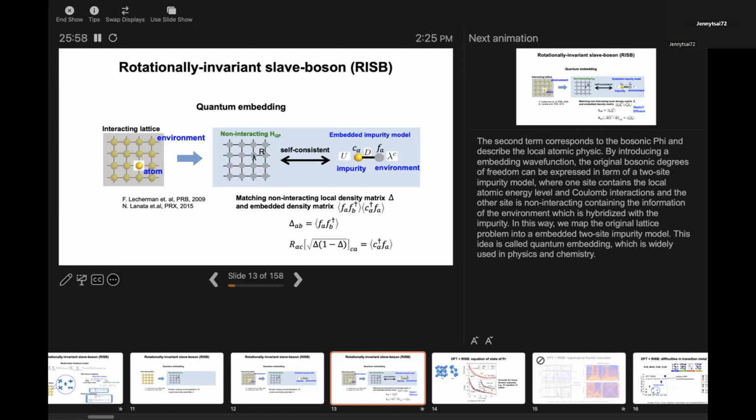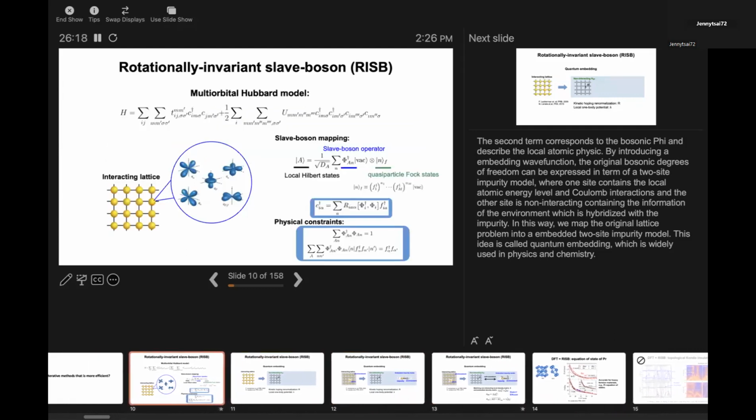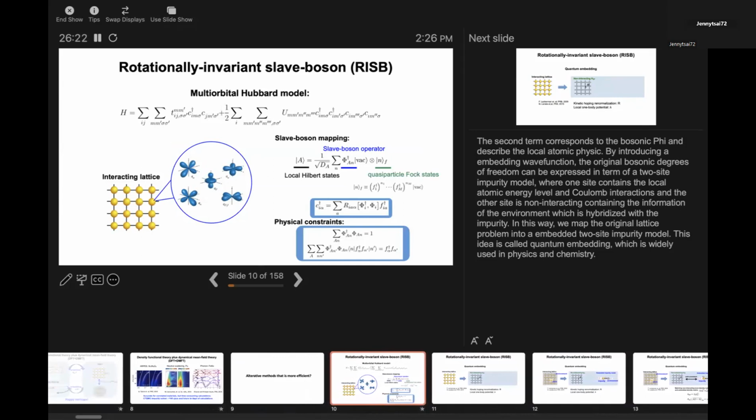Can you tell me a little bit more about the non-interacting part? I take it that since there's R and lambda, it's in terms of Slave-Bosons. Lambda is a Lagrange multiplier that enforces this constraint. Right, but it's a non-interacting Hamiltonian formulated in terms of these pseudo particles.